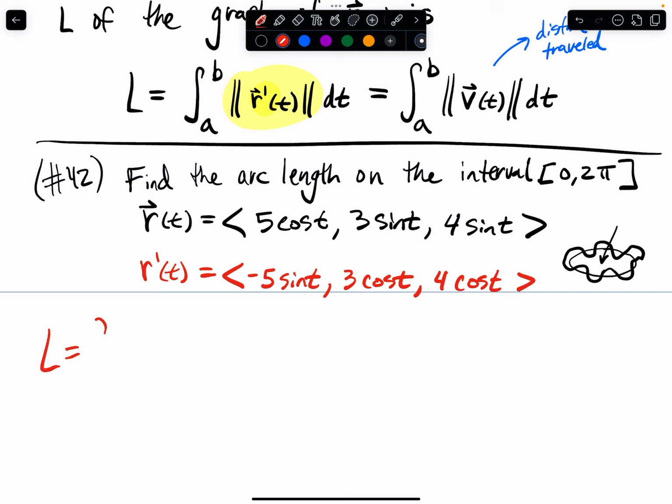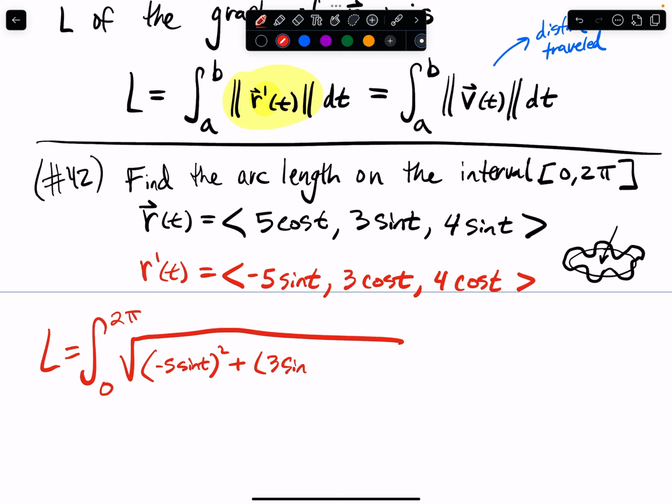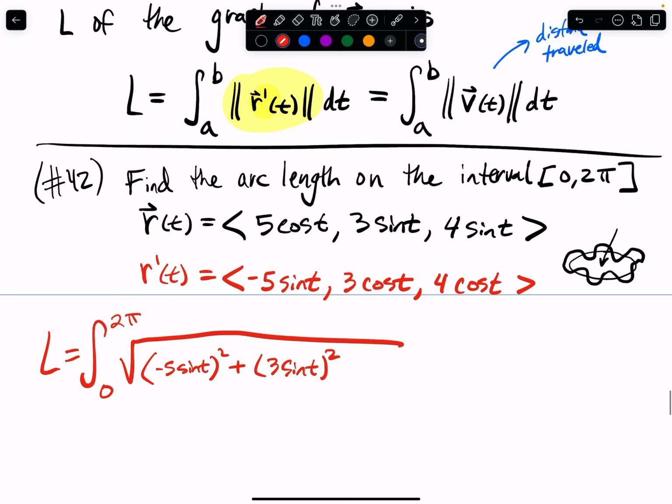So the arc length is the integral from a to b. A to b is 0 to 2 pi. And so it's the square root of each of these pieces squared. Yikes. Okay, so negative 5 sine t squared plus 3 cosine t squared plus 4 cosine t squared dt.